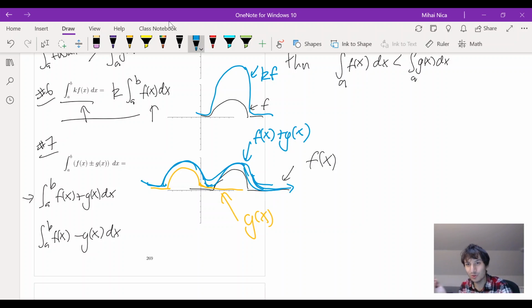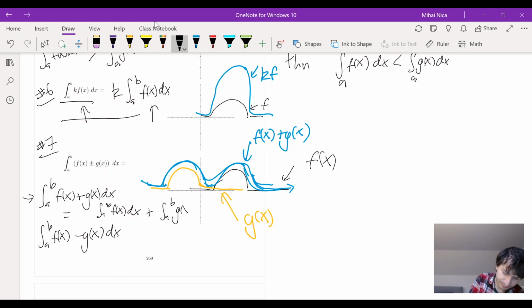And how are the two areas related? What's the relationship between the area under the blue curve and the area under the yellow and the black curve? They add together. That's the obvious thing. So the area under the blue curve, f of x plus g of x, the area of the two bumps, is equal to the area under f plus the area under g. And once again, this fact just comes from limits.